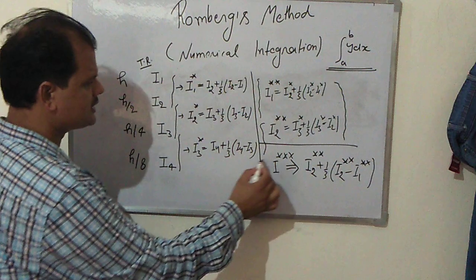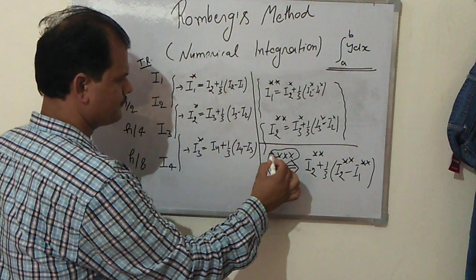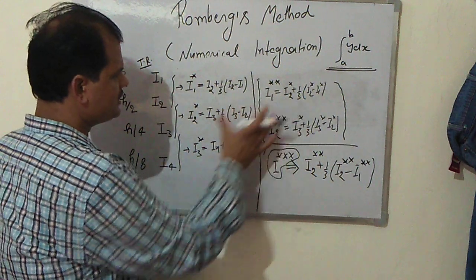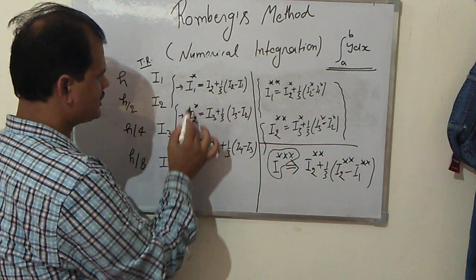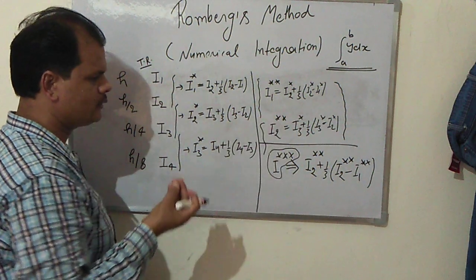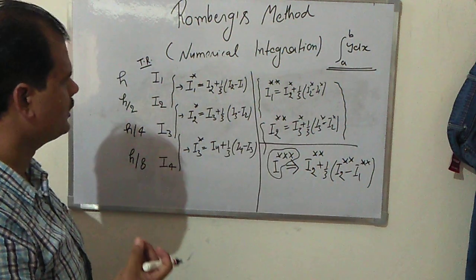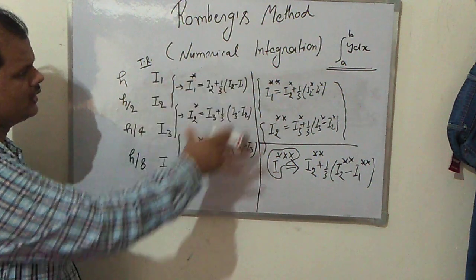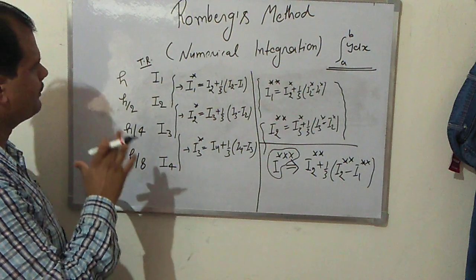So this I triple star is the final solution. We can stop this iteration, at I1 star, I2 star, I3 star or the double stars, when two successive values are very close to each other. So this is the table for the Romberg method.